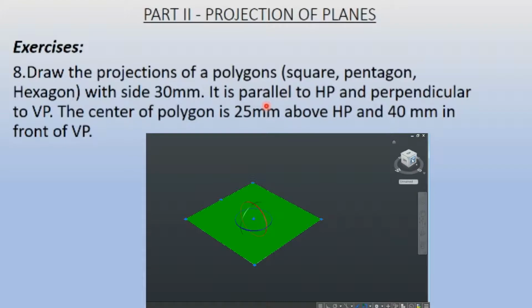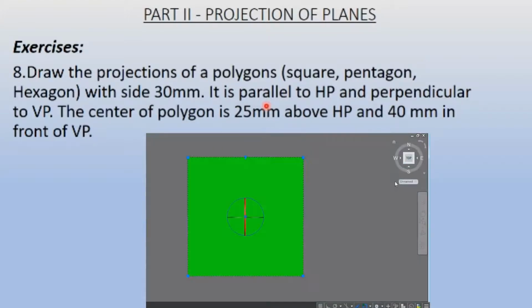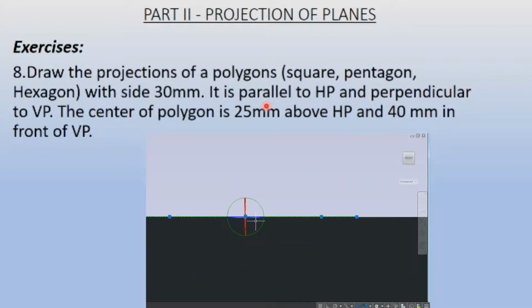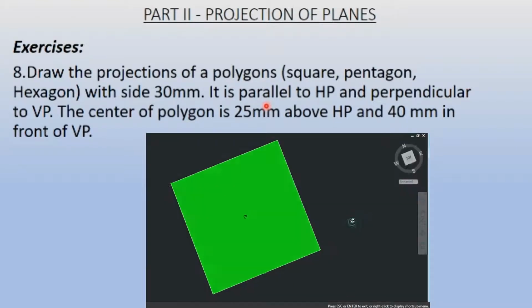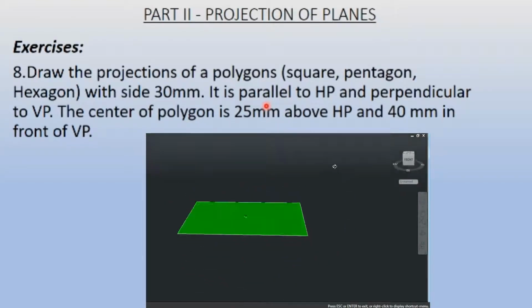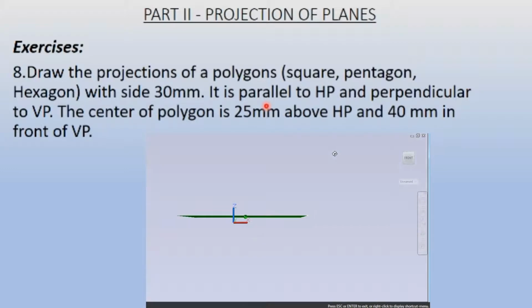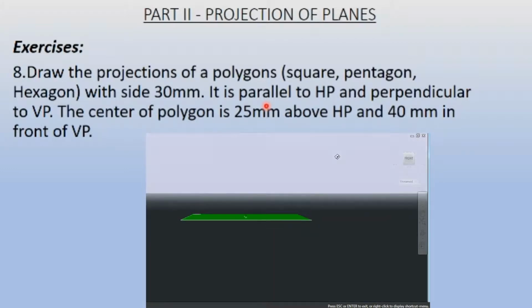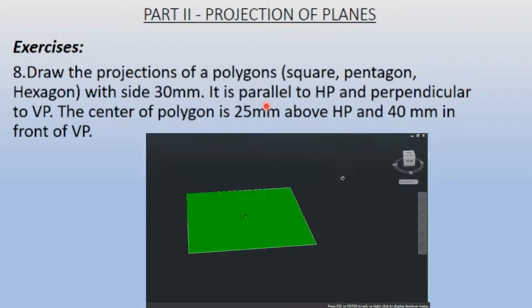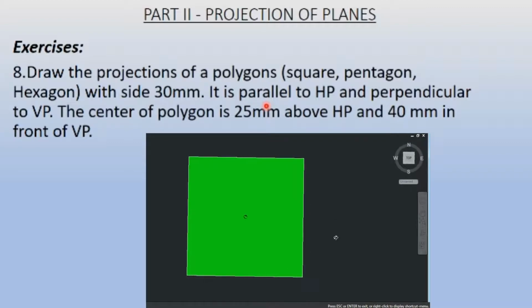In the simplest of cases, from the top view the square will look like a square, and from the front view it will be just a line. I'll show you by rotating this plane.